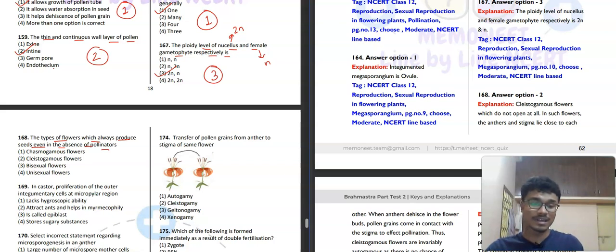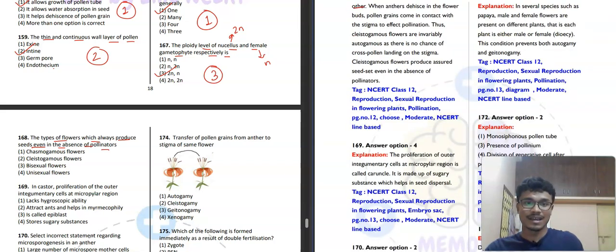What happens in clistogamous flowers is that they do not open at all. In such flowers the anthers and stigma lie close to each other, and when anthers dehisce in the flower buds, pollen grains come in contact with the stigma to affect pollination.